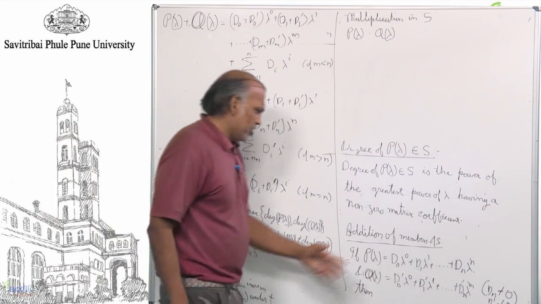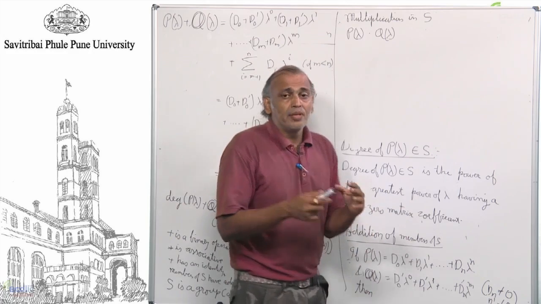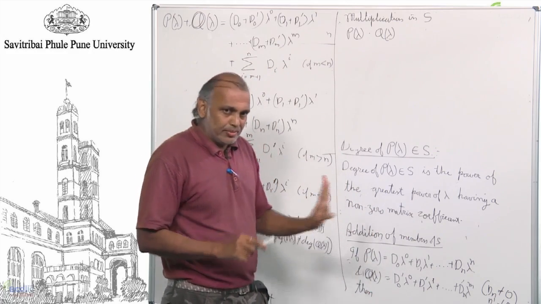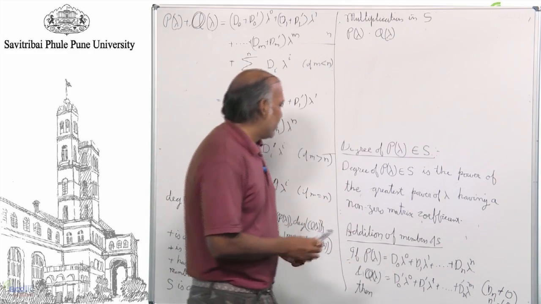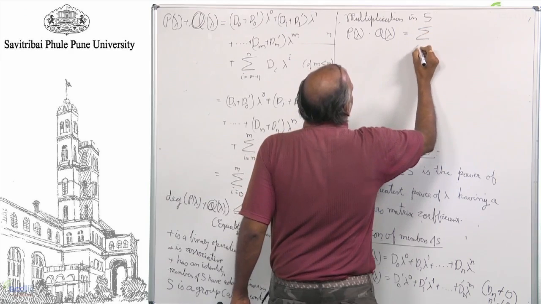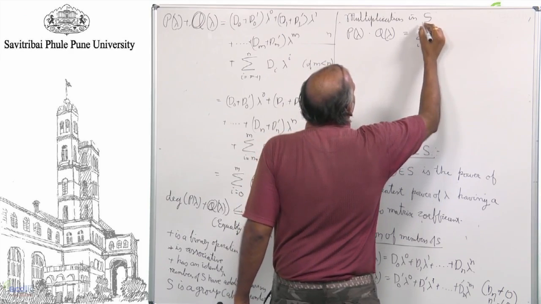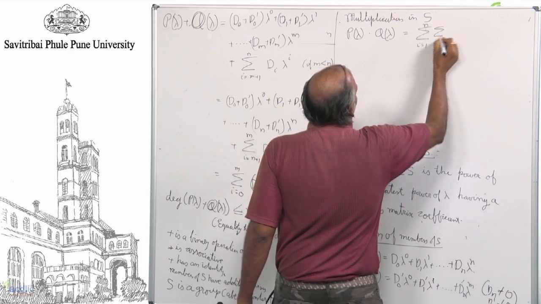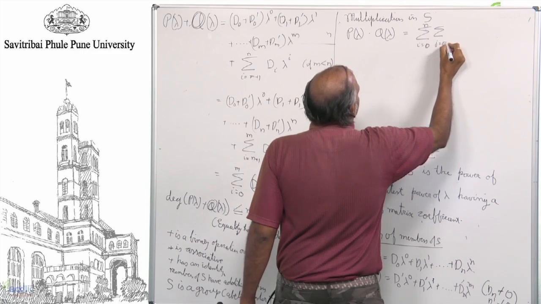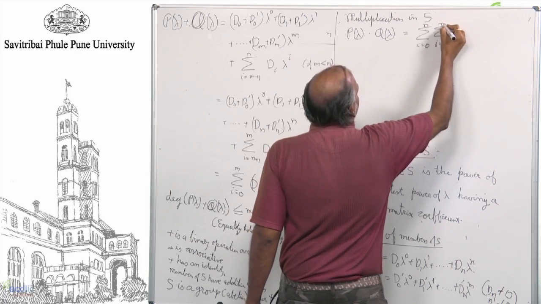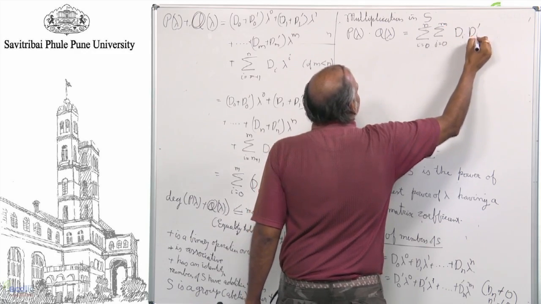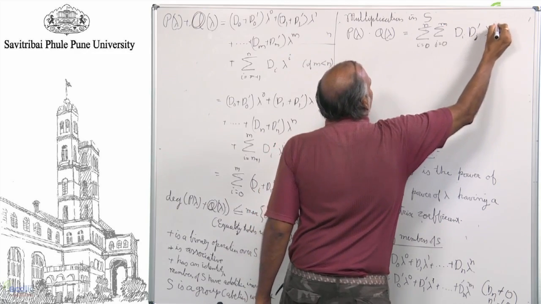And instead of collecting all the coefficients of the same power of lambda together, let me keep it as it is, and I would simply write this expression as sigma over i, sigma over j, another index, 0 to m, 0 to m, di dj dash lambda to the power i plus j.